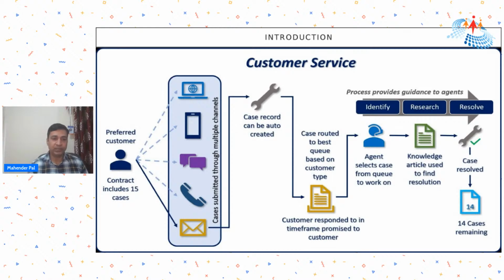Here we can see that we have some customers, and they have multiple ways to reach out to us to open their support case. They have different channels, so they can do it from the portals, they can directly call us, or they can send an SMS or use omnichannel connectivity options where they can reach out to us and submit a support case.